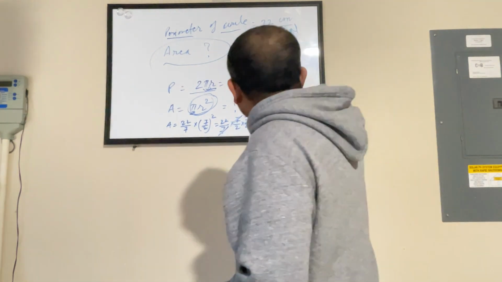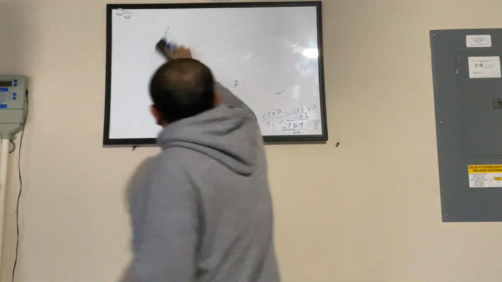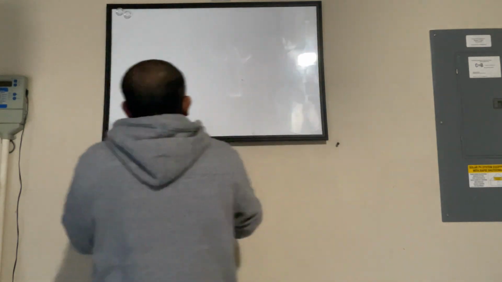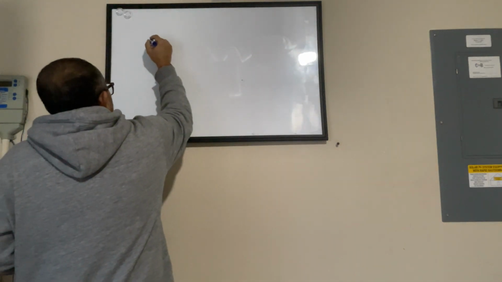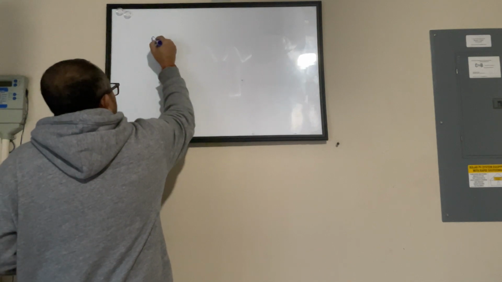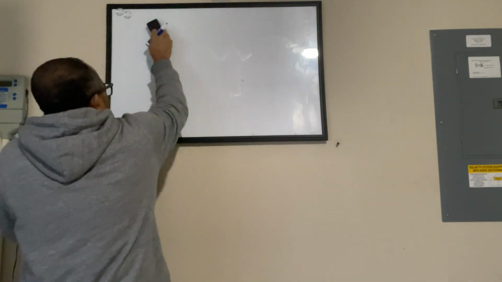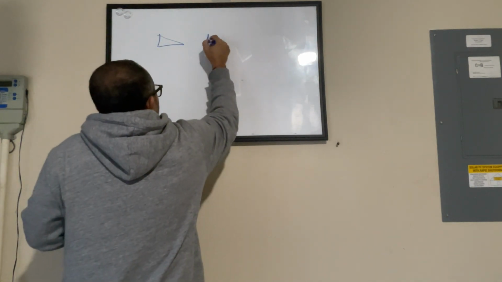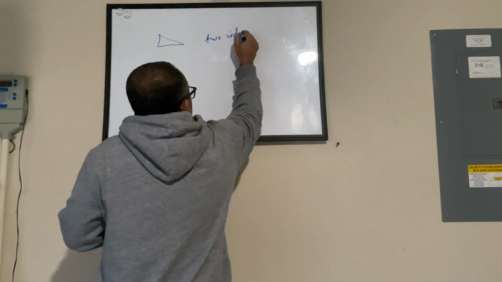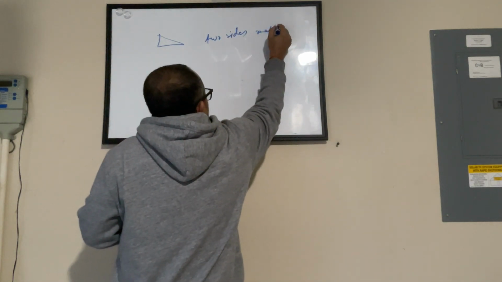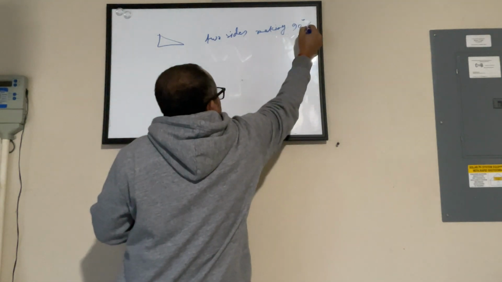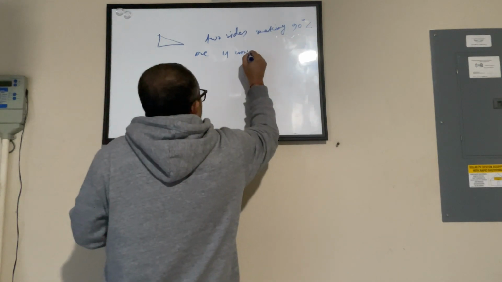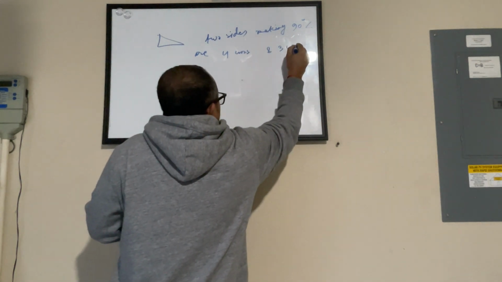Now, let's try doing one more sum. In a right angle triangle, so I'm just writing it in a short form. There is a right angle triangle where the two sides making a 90 degree angle are 4 centimeters and 3 centimeters.